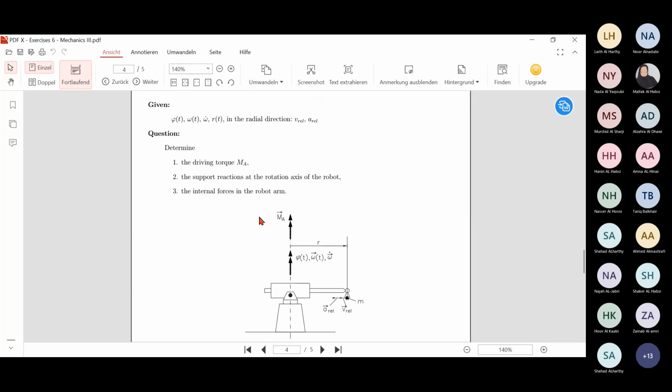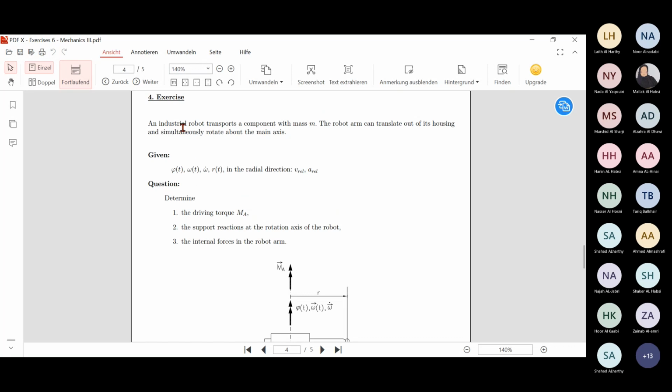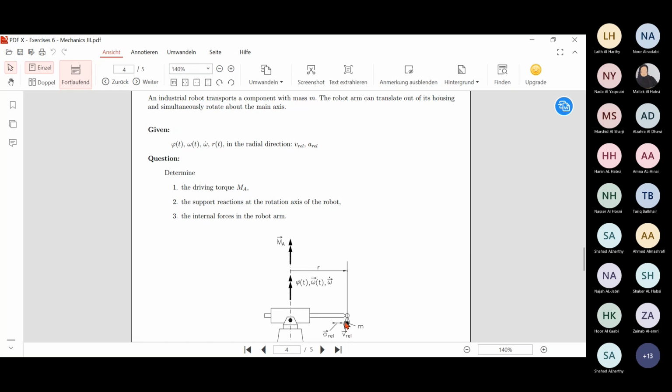This problem here is only the follow-up of what we have done in exercise 2, set 2.